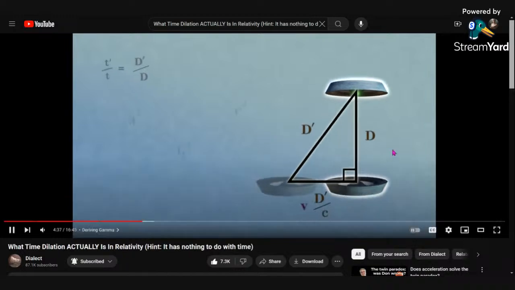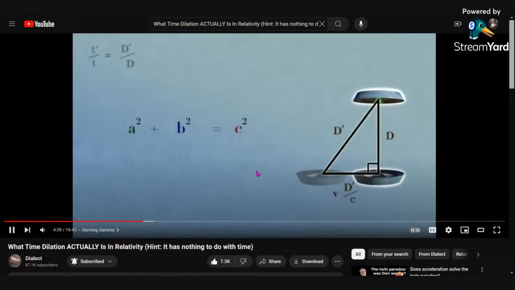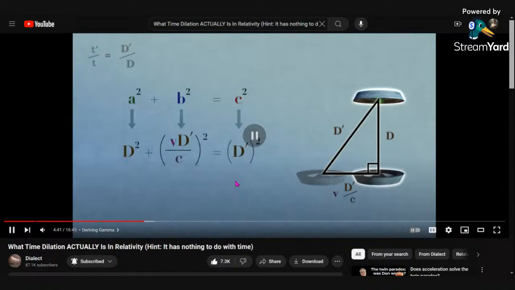And thus, via the Pythagorean relation, we can express d in terms of d prime. Right, so this squared plus this squared equals this squared. So d prime squared is equal to d squared plus v times d prime over c squared.